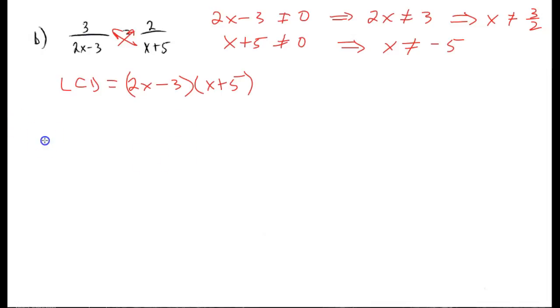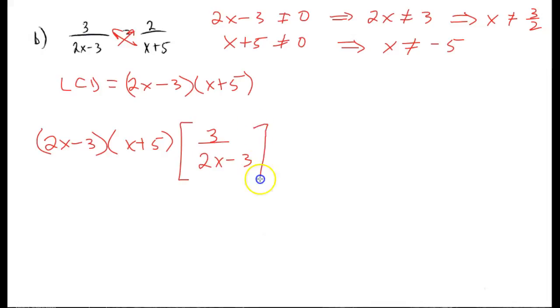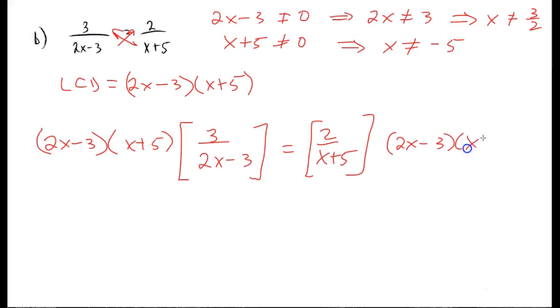So we'll take 2x minus 3 times x plus 5, and we will multiply it on both sides of our equation. Now, when we do it this way, you'll see that on the left side, the 2x minus 3 and 2x minus 3 are common factors.